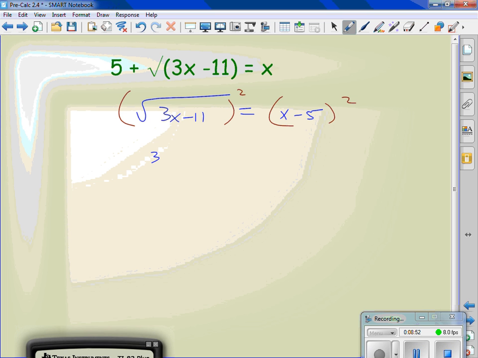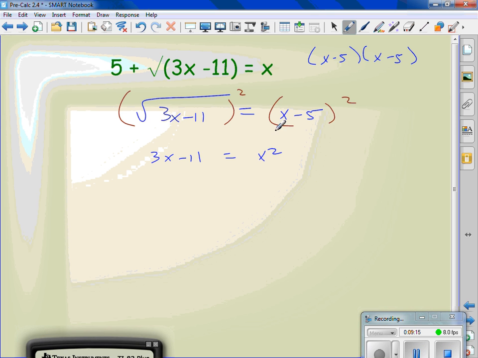So I have 3x minus 11 equals x minus 5 squared, which means, if you remember from Algebra 2 and Algebra 1, this is the perfect square. There's a shortcut method, so I don't have to take x minus 5 times x minus 5. x squared.